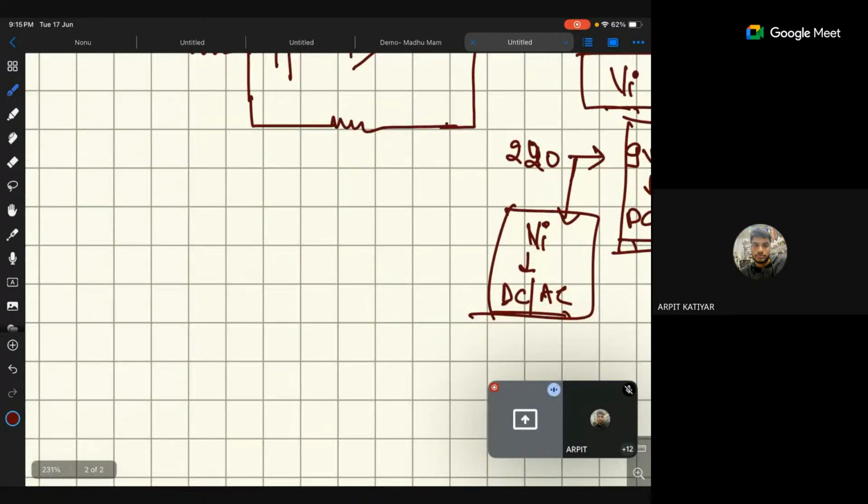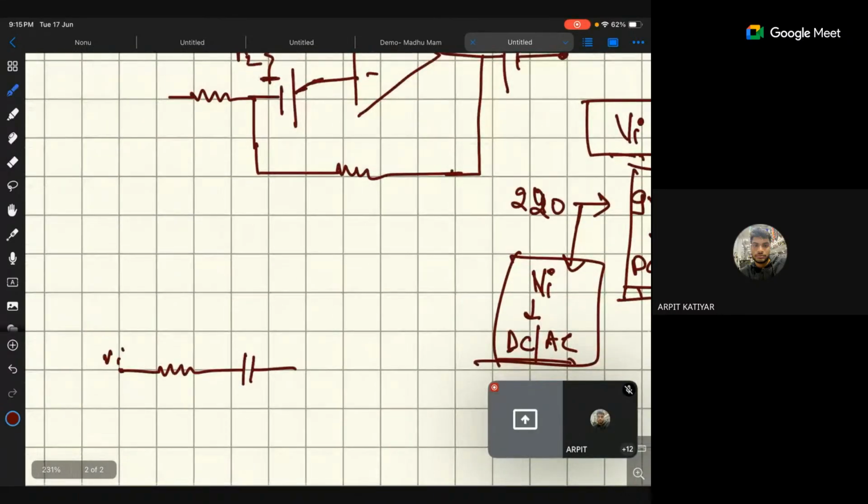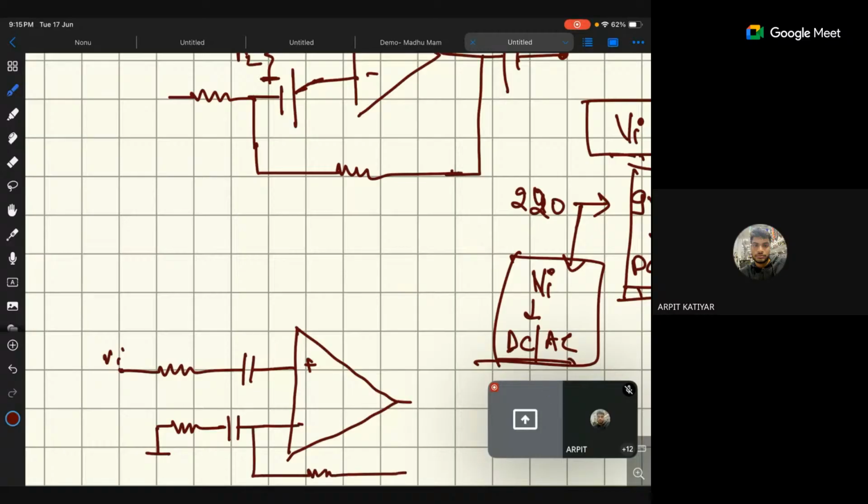We have this Vi, this resistor Ri, this capacitor, the positive terminal, the negative terminal again to ground, and Vout.